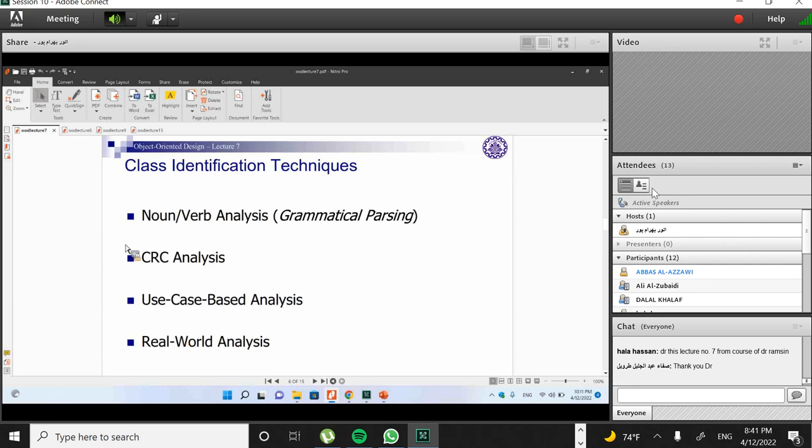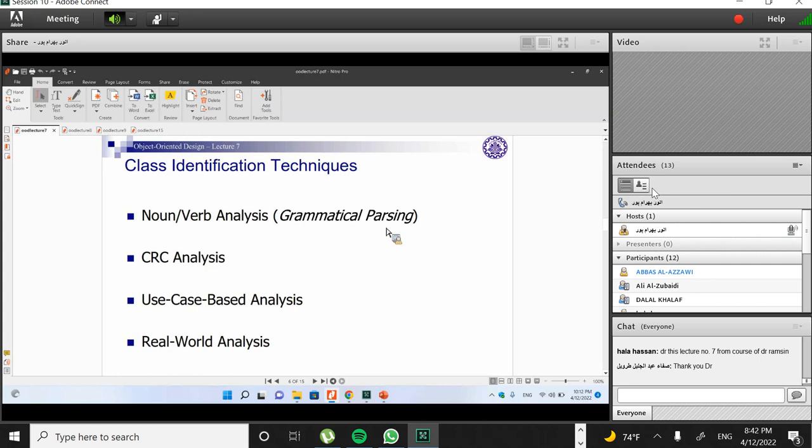In our ATM case study, you have experienced the lexical parsing or grammatical parsing of the requirements document. To identify classes in the ATM case study, we listed all nouns and noun phrases, and verbs and verbal phrases for identifying the operations of our classes.